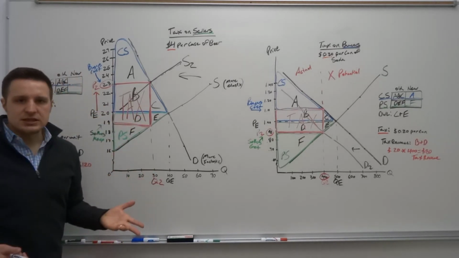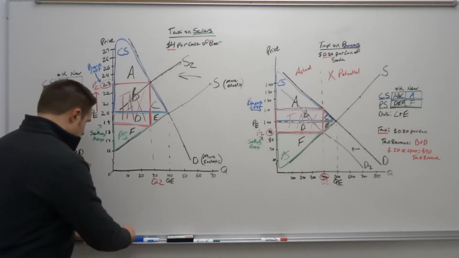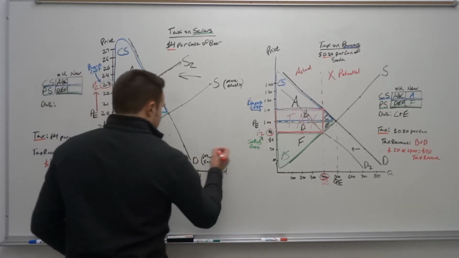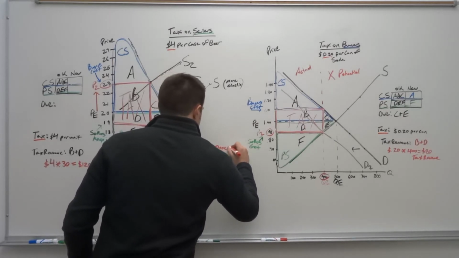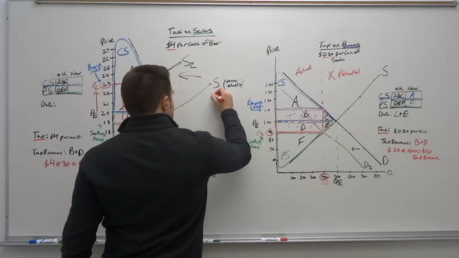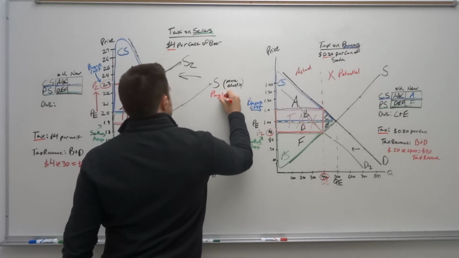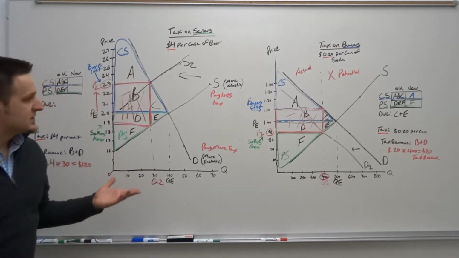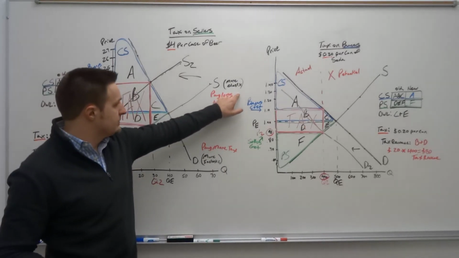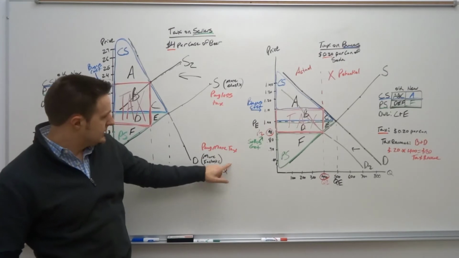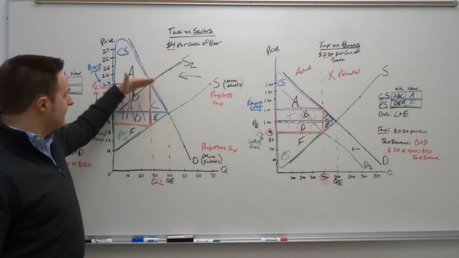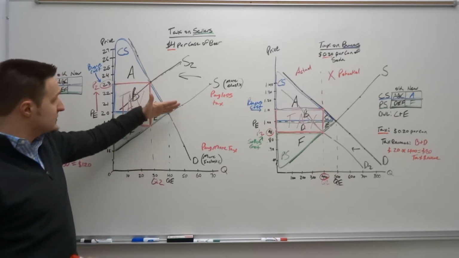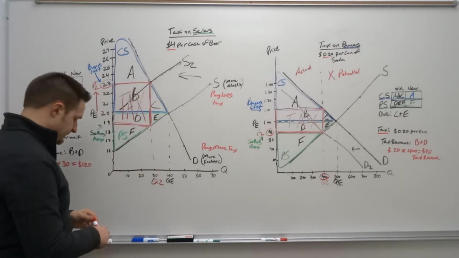And we can clearly see that in this case, the buyers are going to pay more tax. And the sellers pay less. Or at least they have less of the burden. And that's because the supply is more elastic and the demand is more inelastic. Okay, so this all has to do with elasticity, not on who you place the tax on, right? Because the tax is placed on the sellers.